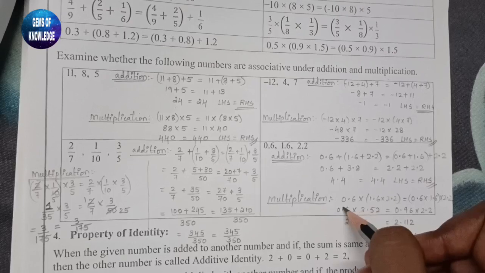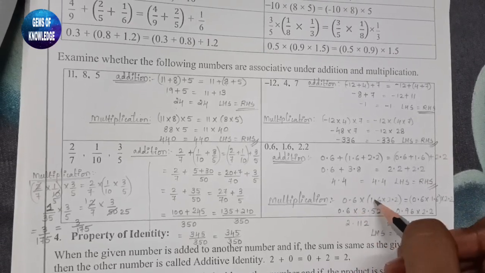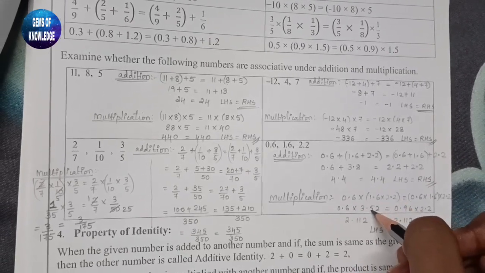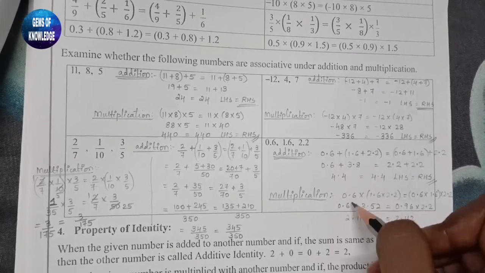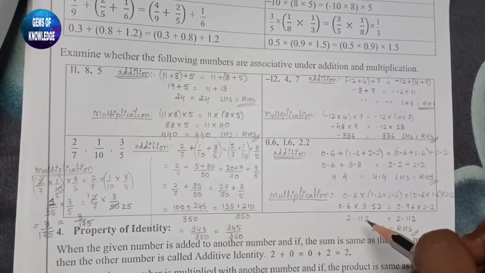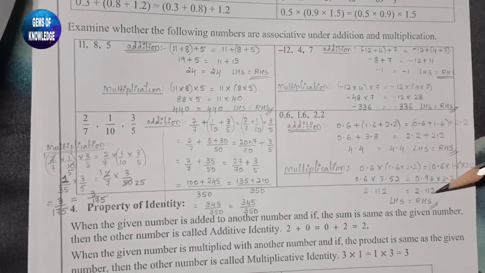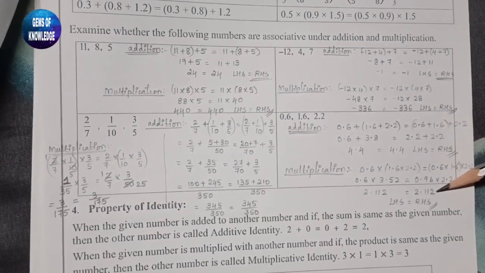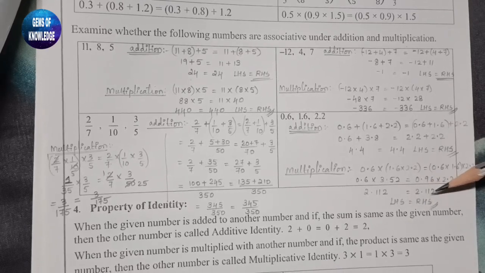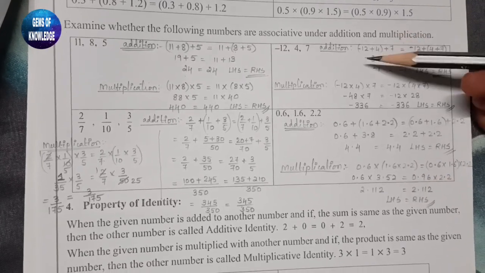If you multiply here, 0.6 will be as it is. 1.6 into 2.2 will be 3.52, and in case again multiplication will give you 2.112, which is equals to, here also the number will be 2.112. So LHS will be equals to RHS. This is the third property.